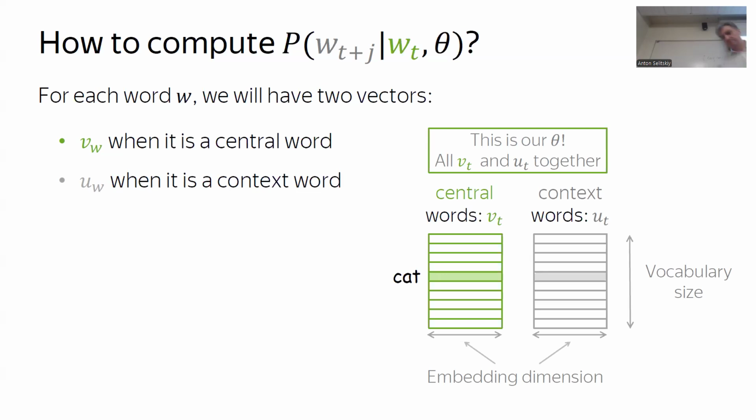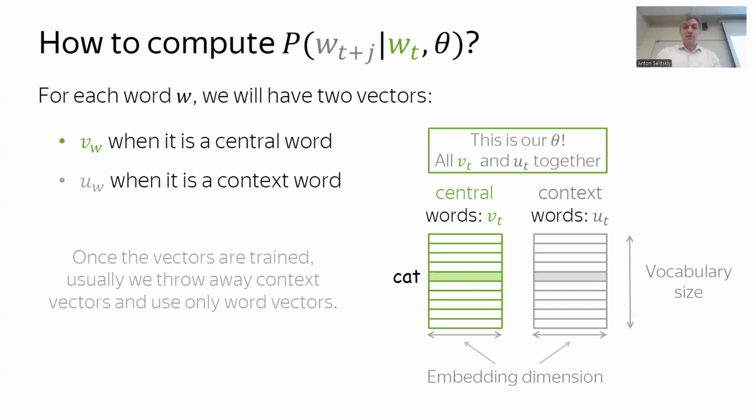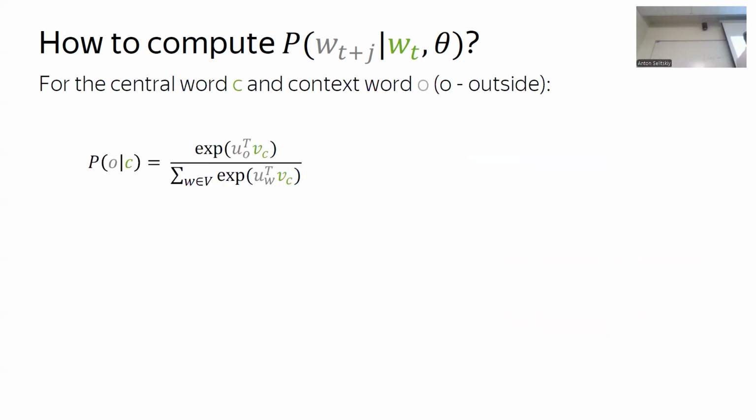And if you remember ideas of recommendation systems, we can take the dot product between 2 embeddings and get some score. So here is the same idea, to take the product between the central word and representation of the context word, just dot product.